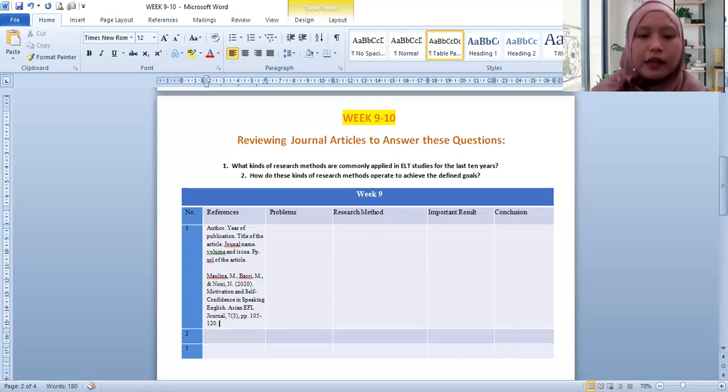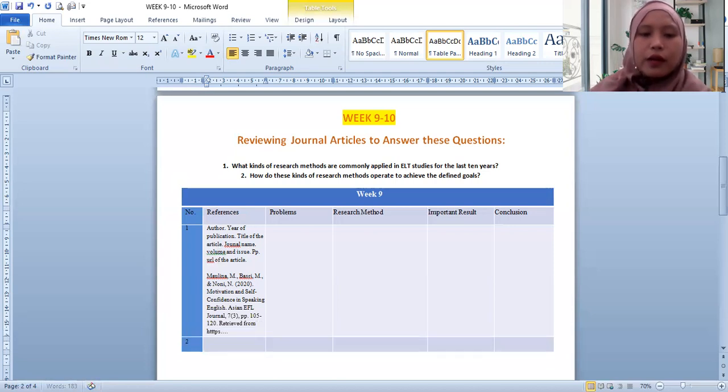And the URL, you can have a look here. If possible, you have to attach the URL. Retrieved from, so the HTTP is here, the website link, okay? So let me see the example here.